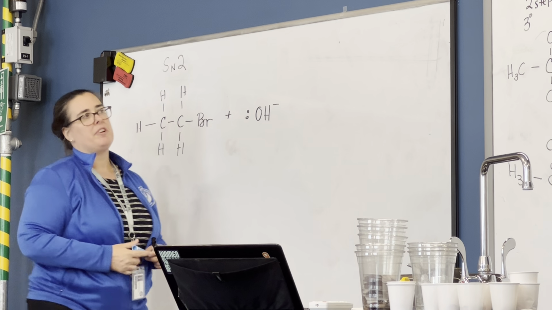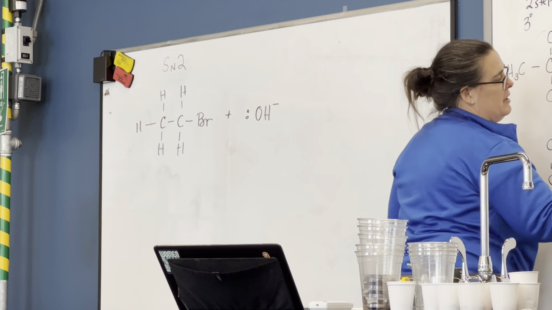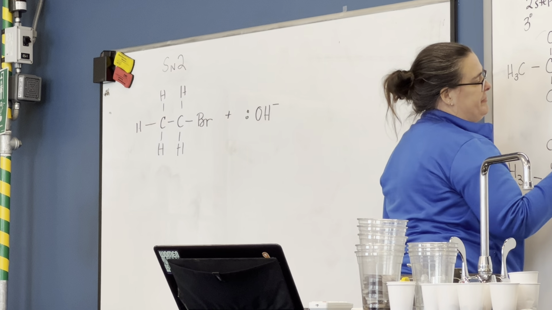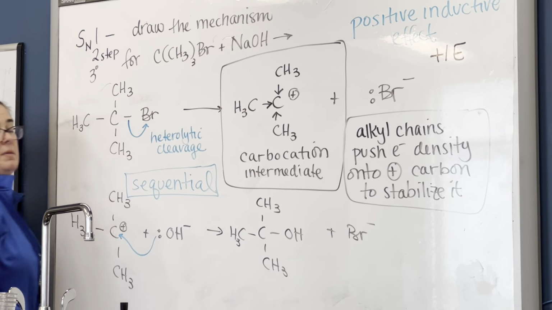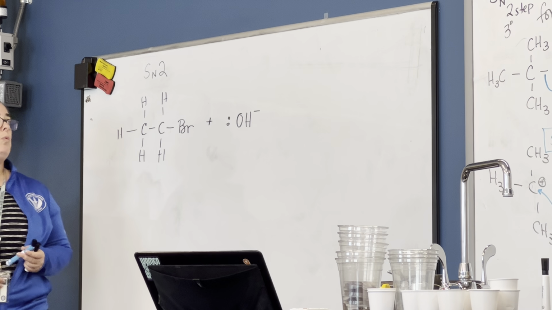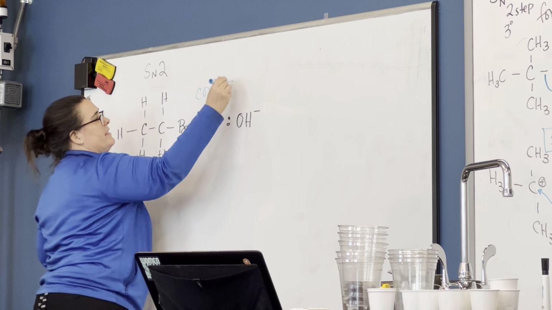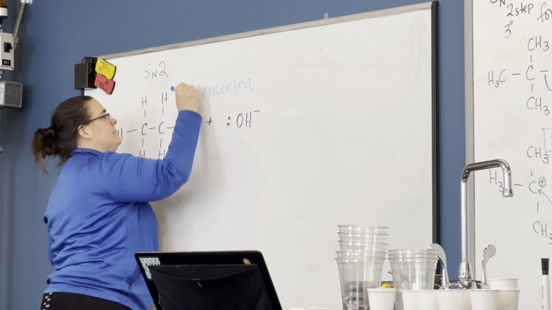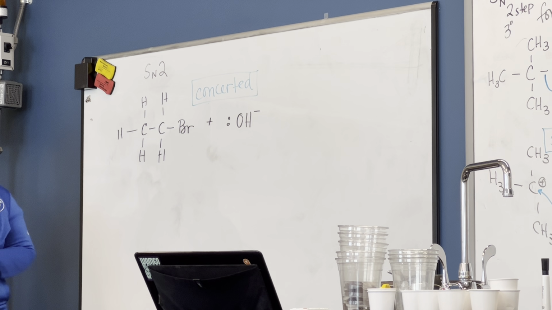While the process over here is 2 steps, and we'll sometimes refer to it as sequential, the process over here is going to occur in 1 step, so I'm going to use a different word. I'm going to refer to this one as concerted: 2 things happening at the same time.